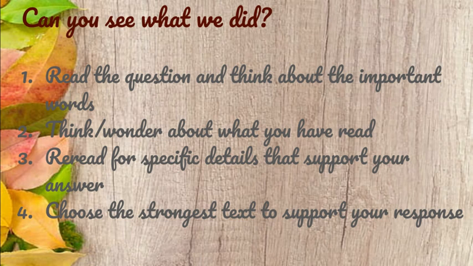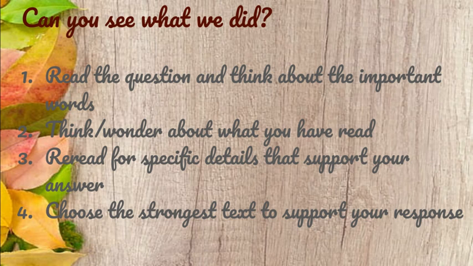So do you see what we did there? We looked at the question and we thought about the important words, okay? You think or wonder about what you've read and you reread for specific details that support your answer. Then you're going to choose the text to support your response. So we read the question and we sort of thought about it. Why are they looking for this evidence? What's so important about this?